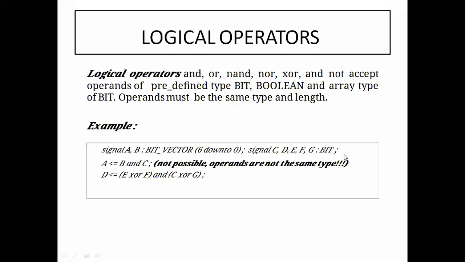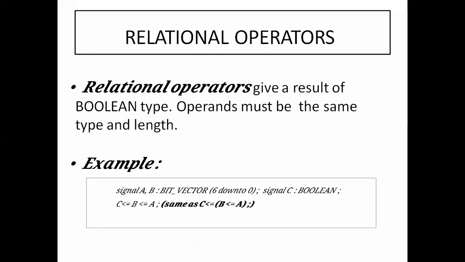Then logical operators: NAND, NOR, OR, XOR, NOT, all these operations come under the logical operator. For relational operators: greater than or equal to, less than, not equal to, less than or equal to, greater than, all these operations come under relational operators.